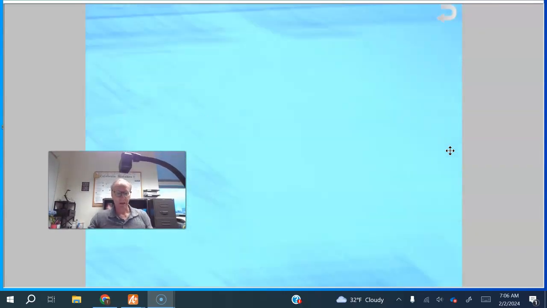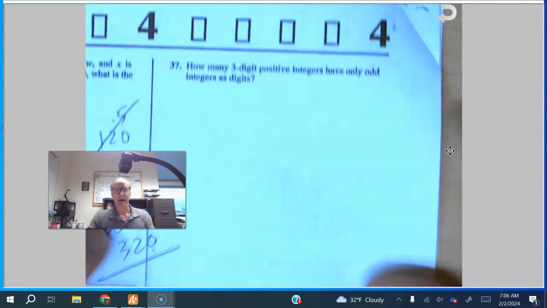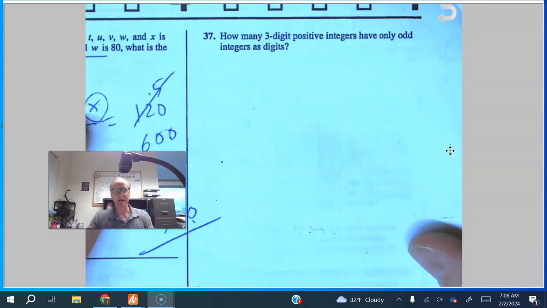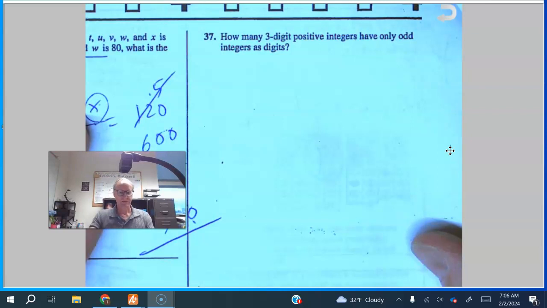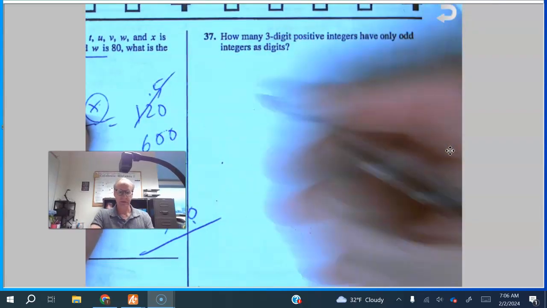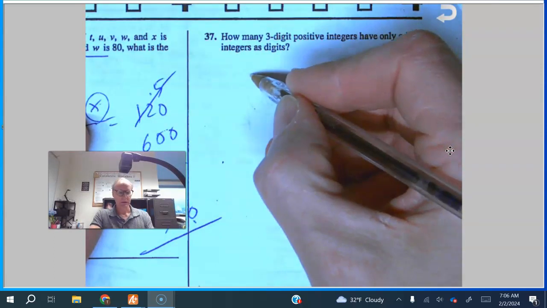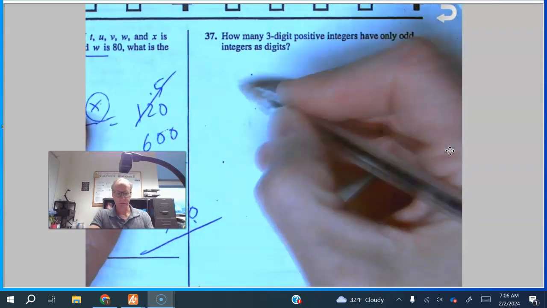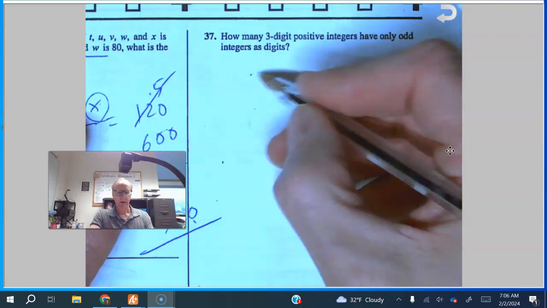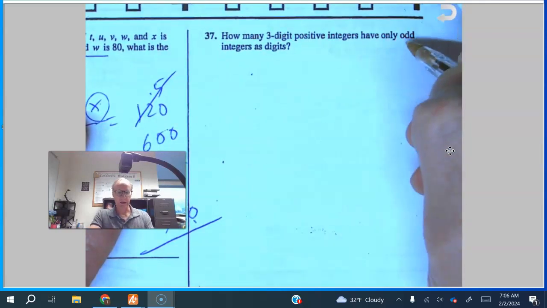Think about Y. For number 37, how many 3-digit positive integers have only odd integers as digits? Wow, I'm going to count them. So I have 3 digits. No zeros, because zero is the beginning, and they have only odd digits.